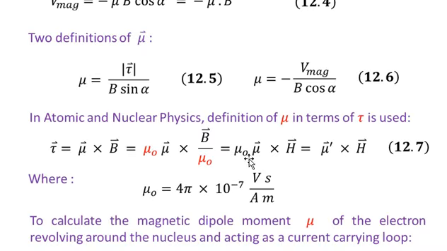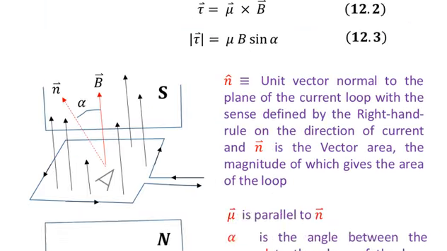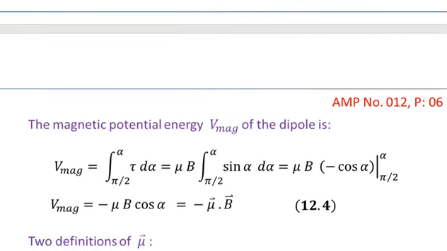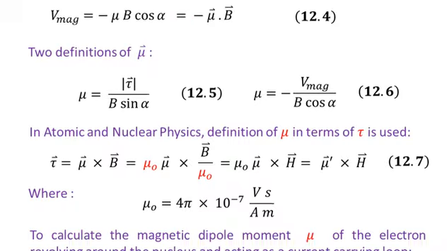In atomic and nuclear physics, the definition of mu in terms of tau is used. That is, the definition given in equation number 5 is mostly used. Or the more general definition that we pointed out earlier is tau equal to mu cross B, and equation number 5 was derived from that.